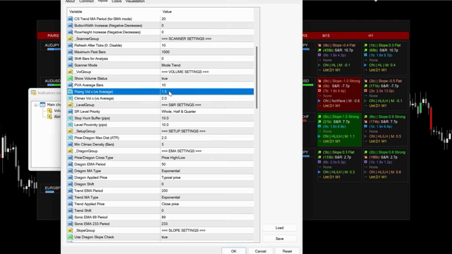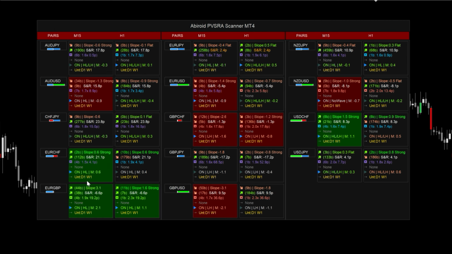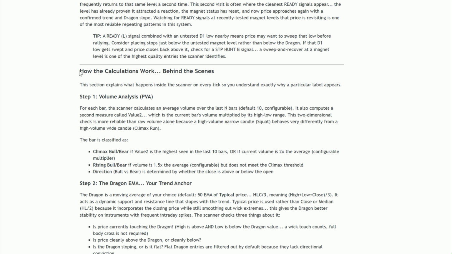But sometimes even with 1.5 or 1.4, you will still see a high volume bar, and that actually exists in the past 10 bars. In the past average, it sees that the current bar which is forming is the highest volume bar. So it will take the highs and the lows of all of those. Let me go back. Right here, you can see how all the calculations work behind the scenes. So the climax bull or bear high volume bars, it will look for this value 2, which is the high and low range of all the last n bars.